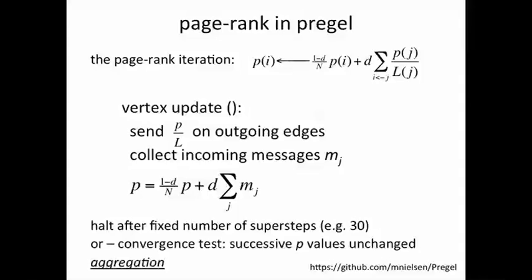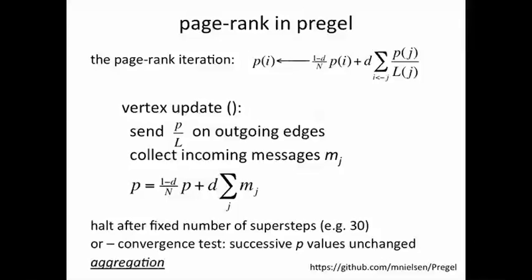times the sum of the page ranks of all the vertices j that point to i, divided by the number of links outgoing from j.